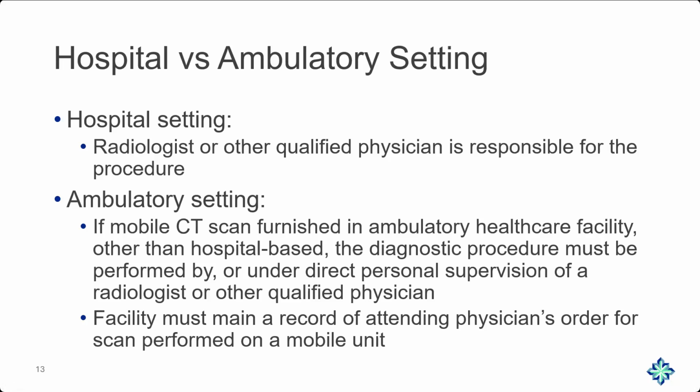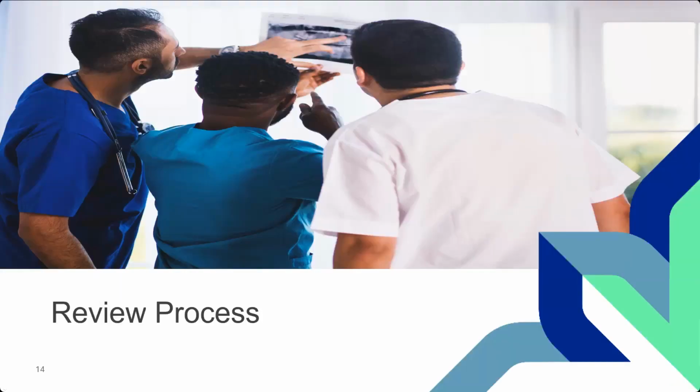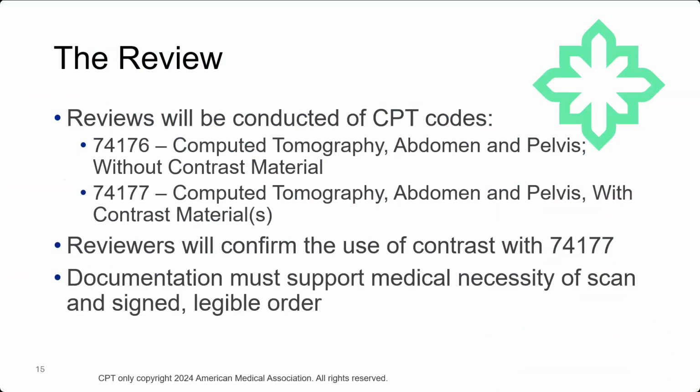So, again, as we move on, we're going to start talking about the review process and why we're actually doing these reviews. As I mentioned at the start of this presentation, in February, we started a review, targeted probe and educate review for some of our J5 Part A providers on CT of the abdomen and pelvis, and that's with and without contrast.